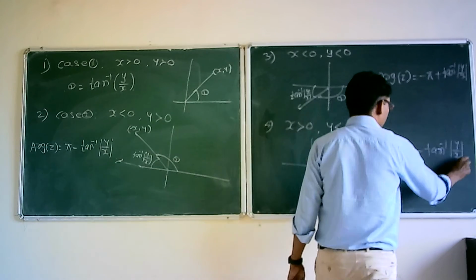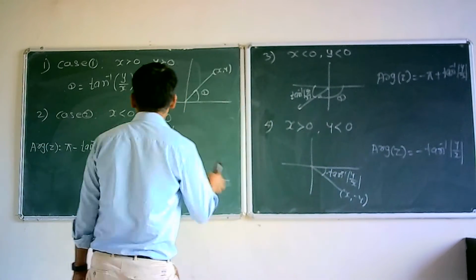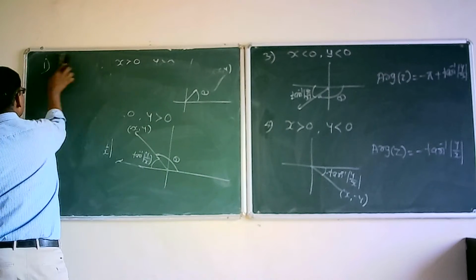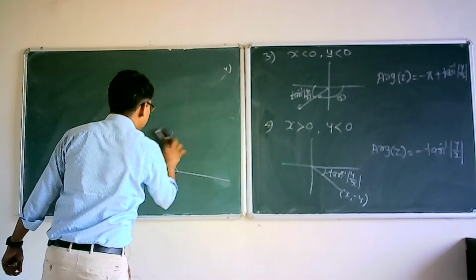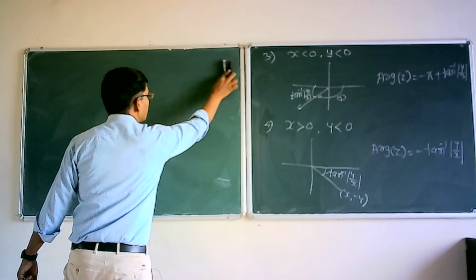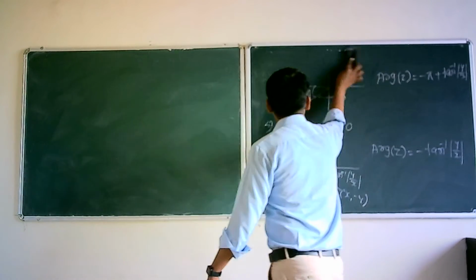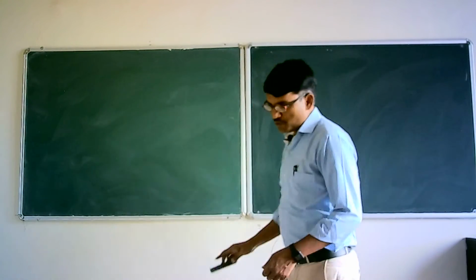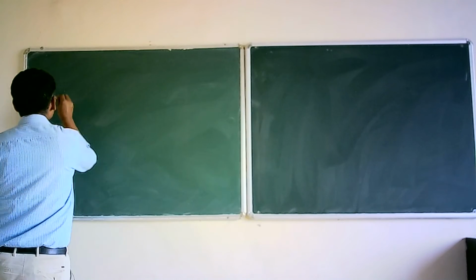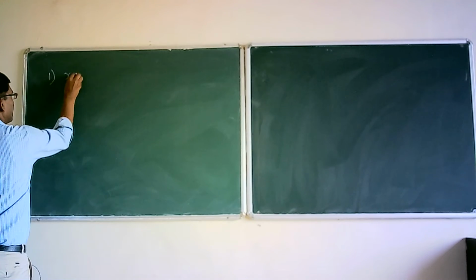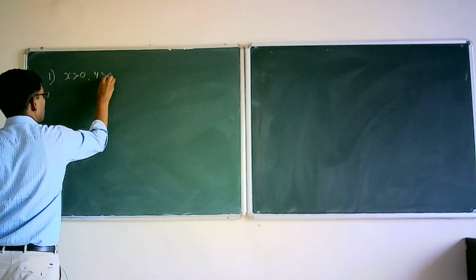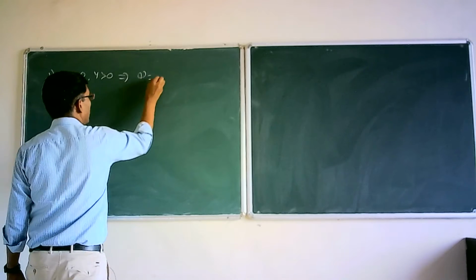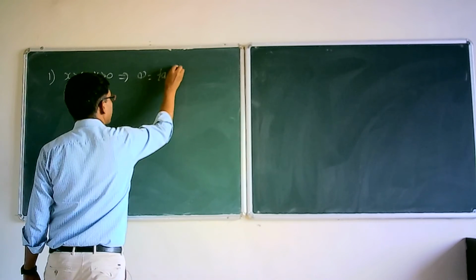So all these cases I am writing here. You should memorize these cases while determining the argument of a given complex number. It's very simple. Number 1, if your x is greater than 0, y is greater than 0, then theta is equal to tan inverse y by x.